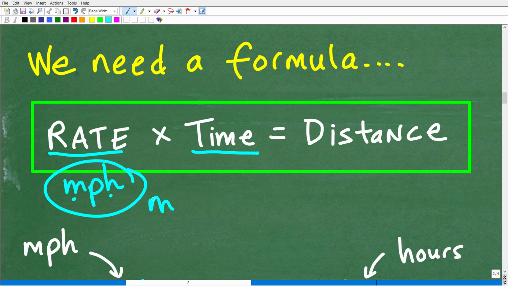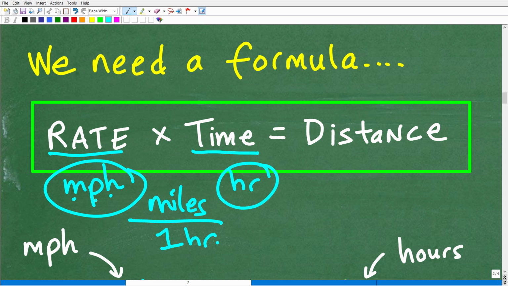This miles per hour is miles per 1 hour. That is the rate that we're going. So our time needs to be in hours. All these units of measure need to be aligned, right? So if we have miles per hour, our time has to be in hours and our distance will be in miles.